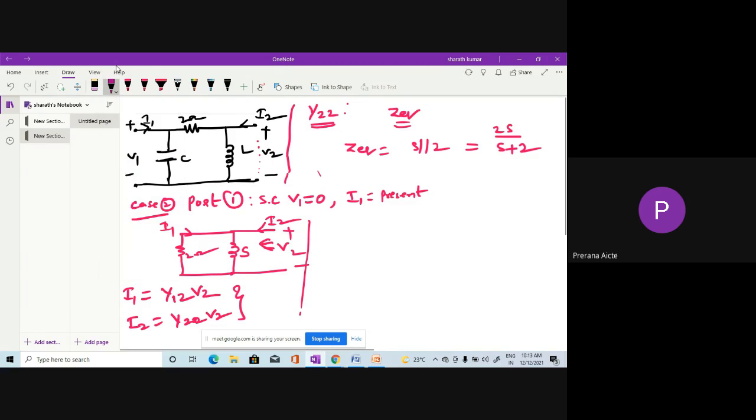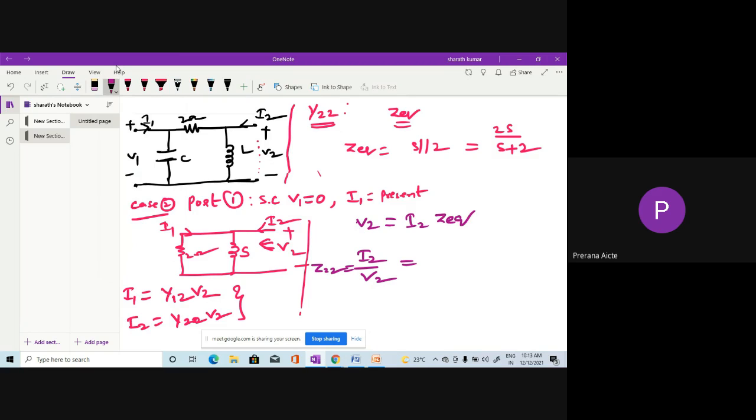So we can write our equation: V2 is equal to I2 into Z equivalent of that entire circuit. Our target is I2 by V2, the ratio between current and voltage. We can name it as Y22.